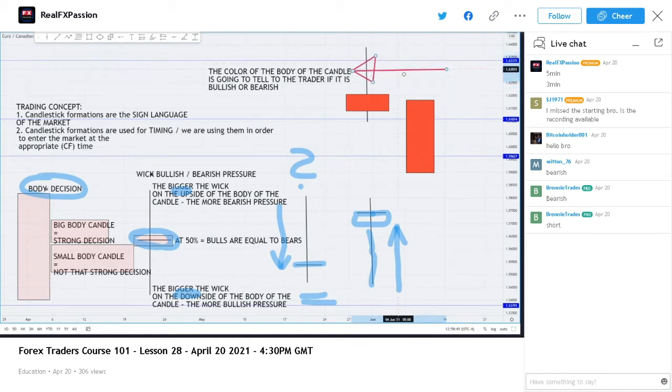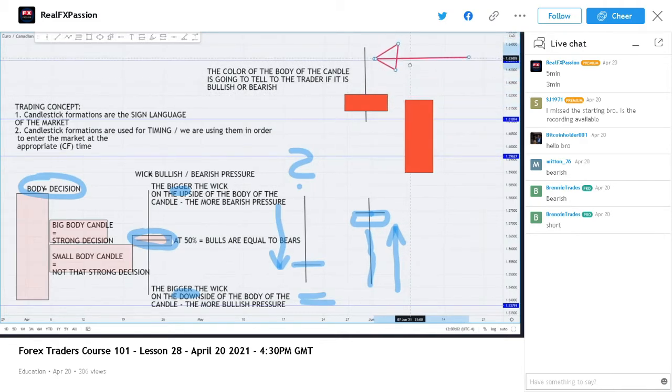Okay? So why many times in a reverse too? For the bulls, it goes in the same way. Many times this is what is going to happen next. Why? Because of the bearish pressure, everybody. And this is timing.